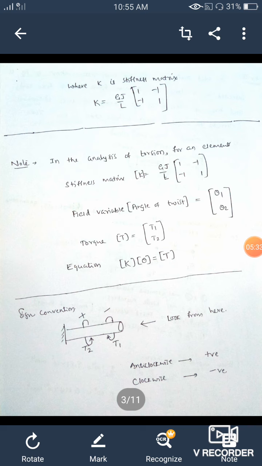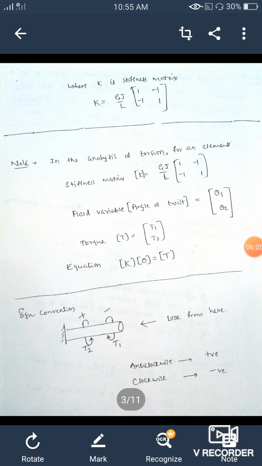To solve problems, you are supposed to remember that the stiffness matrix k for torsion is equal to G J by L times [1, minus 1; minus 1, 1]. For a 1D bar element, the stiffness matrix was A E by L times [1, minus 1; minus 1, 1], right? For torsion, it is G J by L; that is the only difference. The important thing is to remember the stiffness matrix.